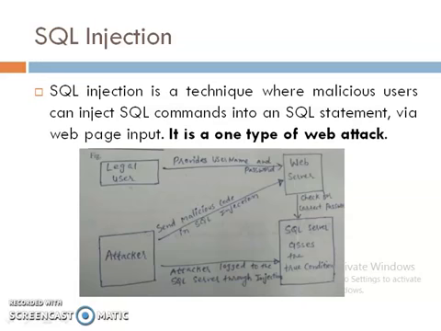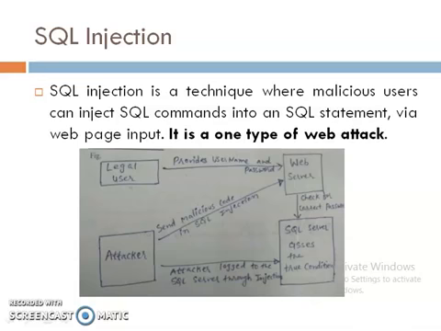That means the attacker sends a maliciously coded SQL query, and that maliciously coded SQL query is known as an SQL injection. The attacker sends such a query to the web server for gaining web application access. So it is one type of web attack.